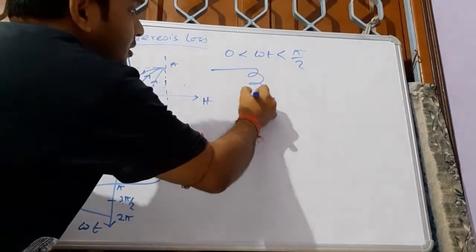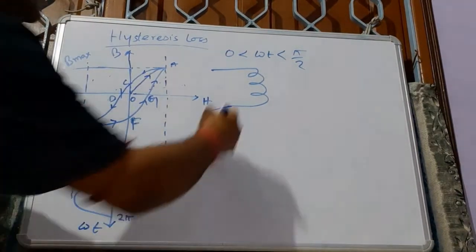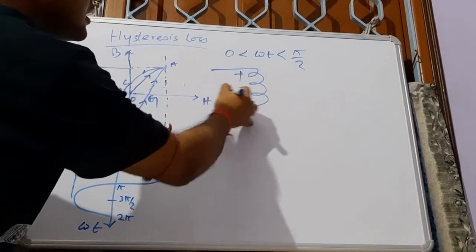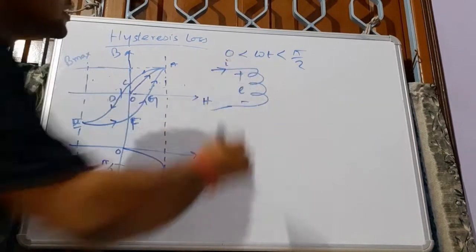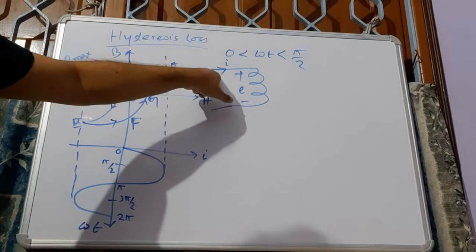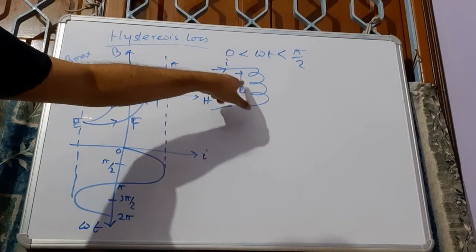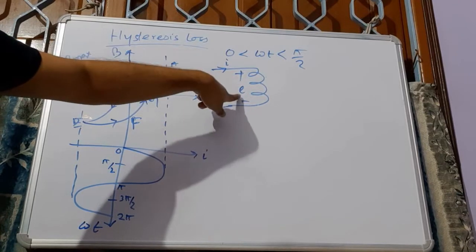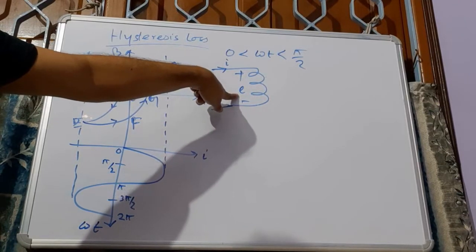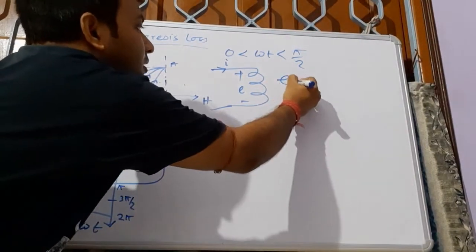if we draw the coil, this is your induced EMF E and the current flowing through it. Now the current is in the direction of the positive sign of the induced EMF, so it can be considered as energy absorbed.